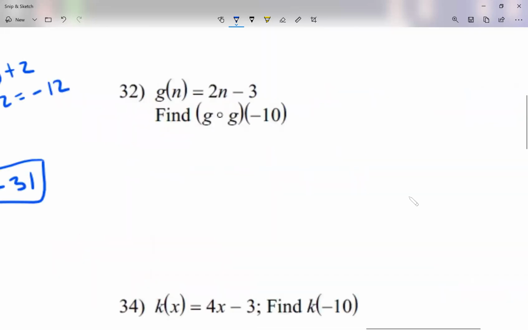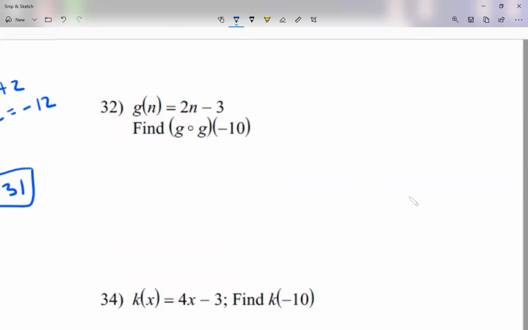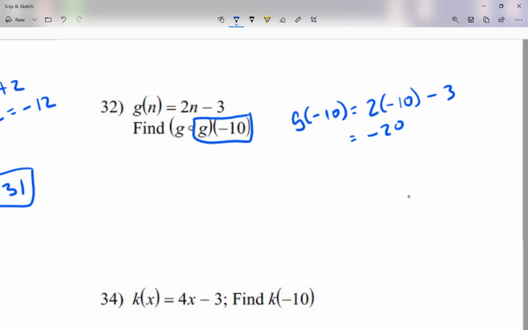I'm only going to give you guys the function g of n, but you're going to use the function g twice. To begin with, let's do g of negative 10. So let me do that here at the side. G of negative 10. That is 2 times negative 10 minus 3. So negative 20, that's equal to negative 20 minus 3, better known as negative 23.